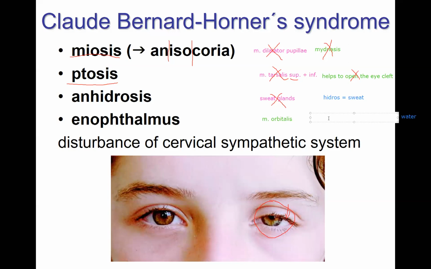Okay. No idea where we can find the orbitalis muscle. We find it within the inferior orbital fissure. Yeah. So within the inferior orbital fissure.